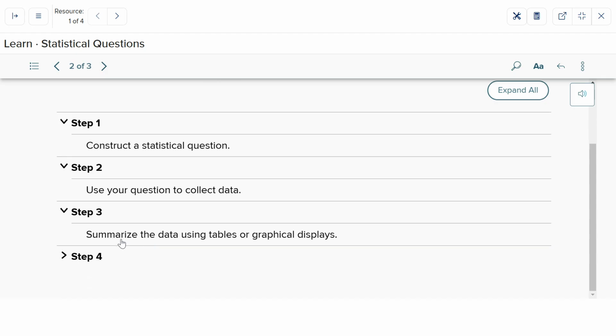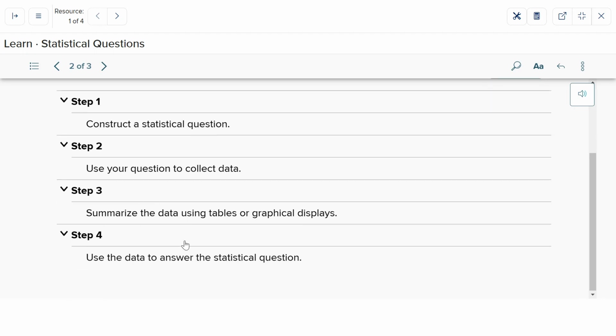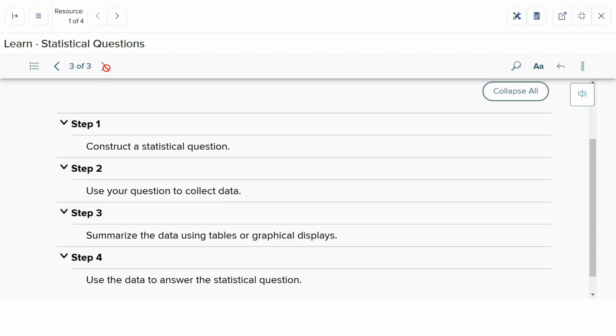Once you have your data, step 3 is to summarize the data using tables or graphical displays, which we'll get into as we get farther into this module. And then step 4, use the data to answer the statistical question. So you have the question, you collect the data, then you summarize it using tables and whatnot. And once you have summarized the data, you are able to answer your question based on the data.